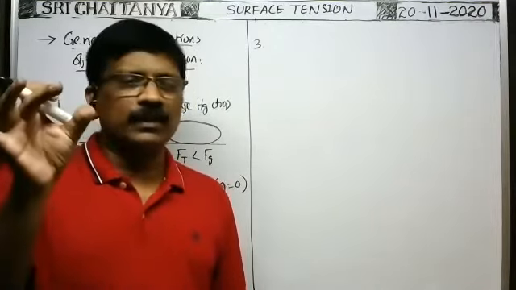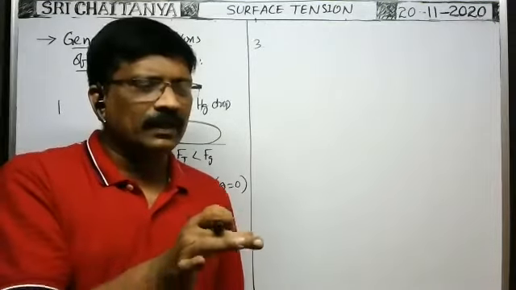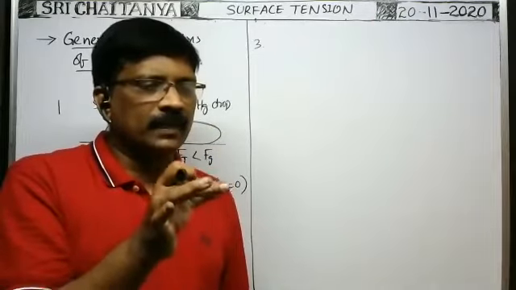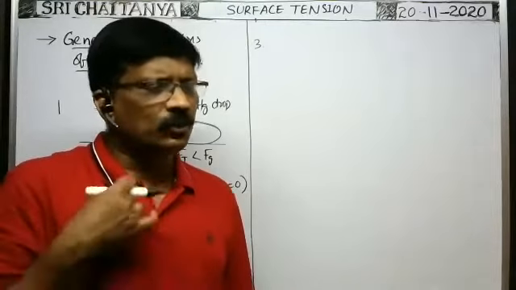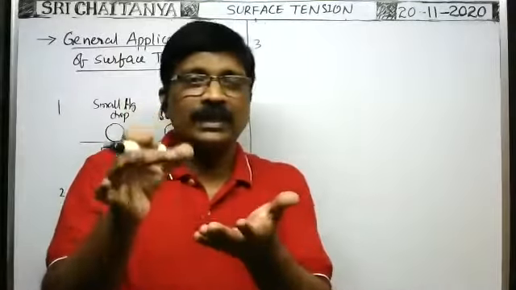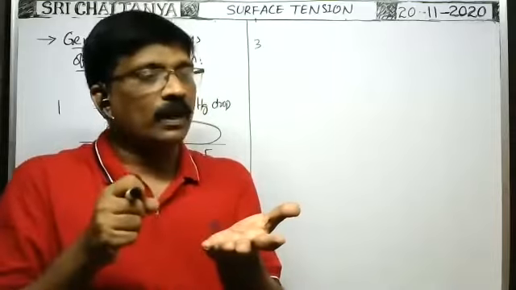Actually, we cannot keep the needle directly over the surface of the water gently. Gently means the total length of the needle must be in contact with the surface of the water simultaneously. It is somewhat difficult to keep it directly. That's why generally the needle is kept over the surface of blotting paper, which can soak the water.